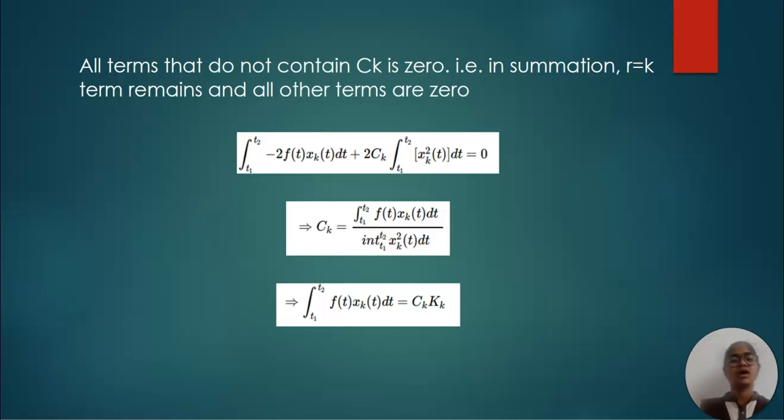In the summation, only the r equal to k term remains and all other terms are 0. Therefore, ck equals the integral from t1 to t2 of f(t) xk(t) dt divided by the integral from t1 to t2 of xk square of t dt.